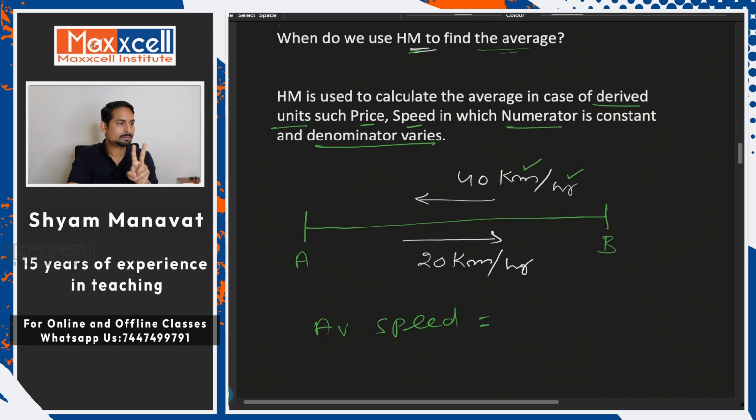Now the second is you need to see whether the numerator is constant or not. Tell me one thing: when going, you cover distance d, while coming back also you cover distance d, right?